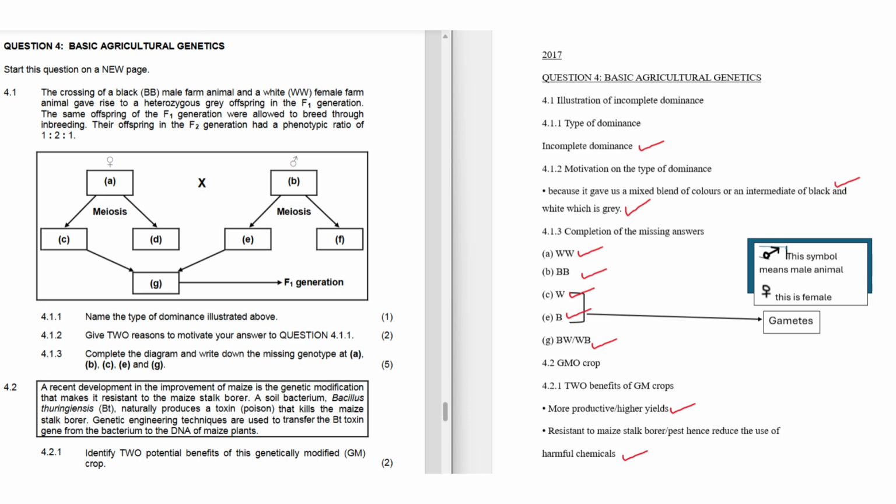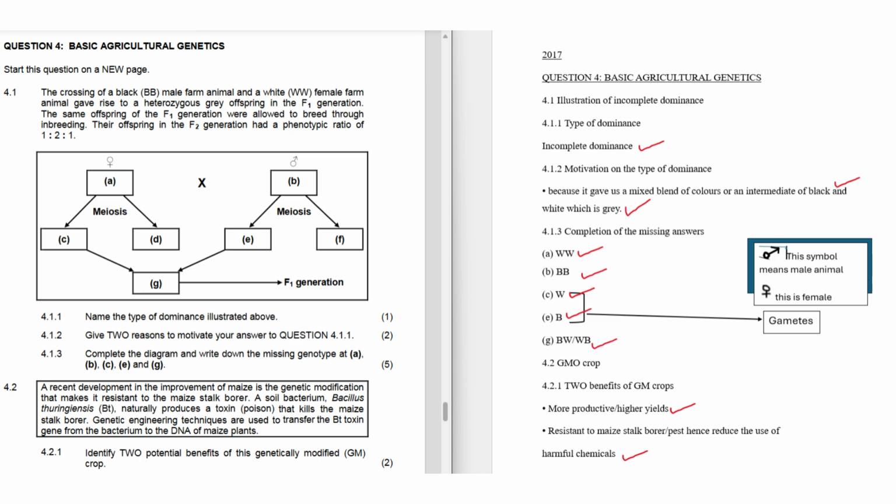So why are we saying it is incomplete dominance? This is because it gave us a mixed blend of color, or an intermediate of black and white, which is gray. So in that situation, when there is a mixed blend, that's when we have incomplete dominance. Then that is 4.1.1.